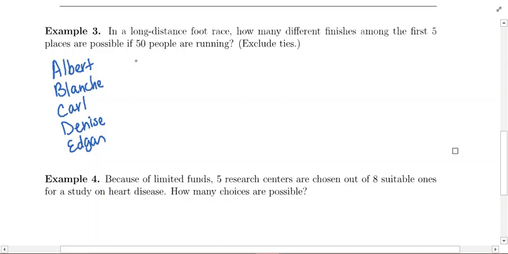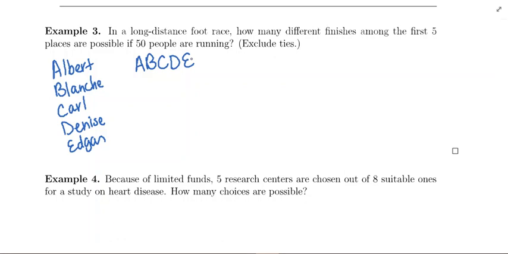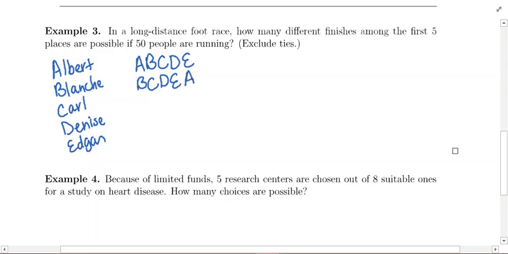Well, yes, it does, because this is one arrangement where Albert comes in first, then Blanche is second, Carl is third, Denise is fourth, and Edgar is fifth. That's one possibility. But what if Blanche came in first, and then Carl was second, Denise was third, Edgar was fourth, and then Albert was fifth?